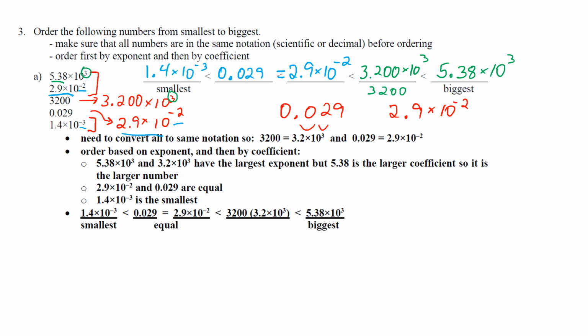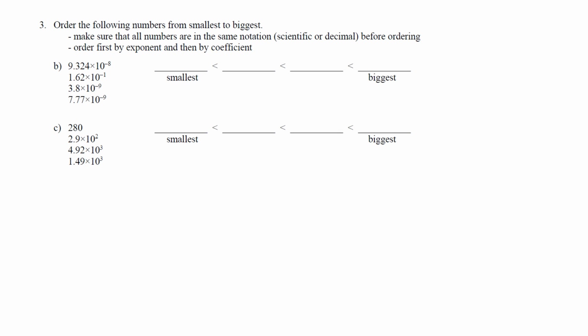All right, let's do some more. Now 3b, here, they're all in scientific notation. So I just look: negative 9, negative 9, negative 1, and negative 8. So the negative 9s are the smallest. 3.8 is smaller than 7.77, so that's the smallest number.